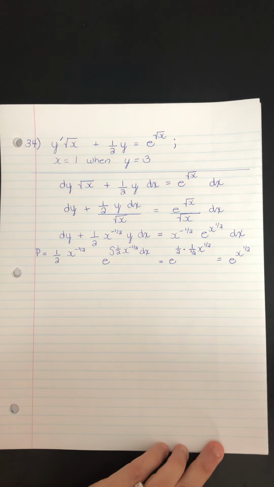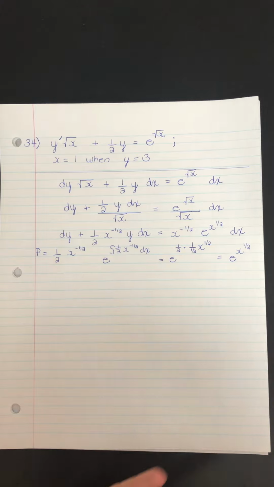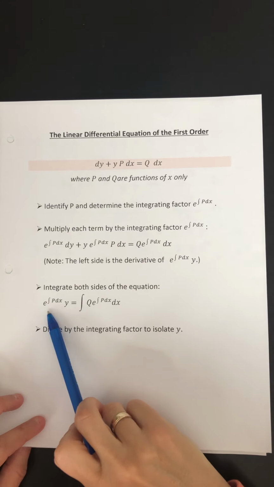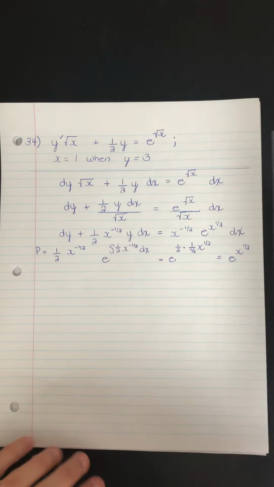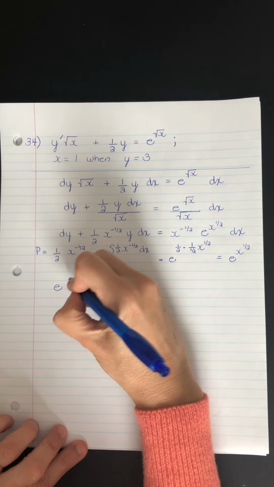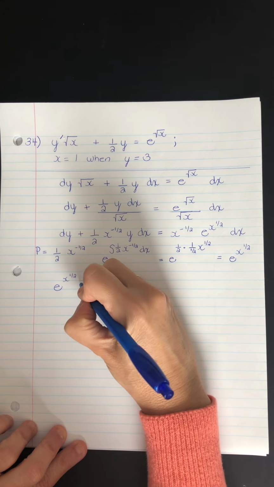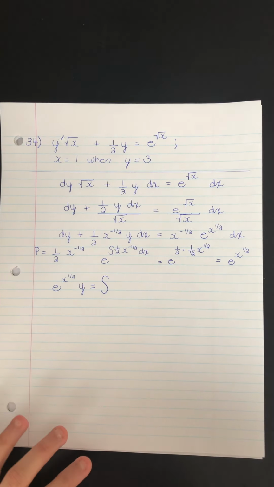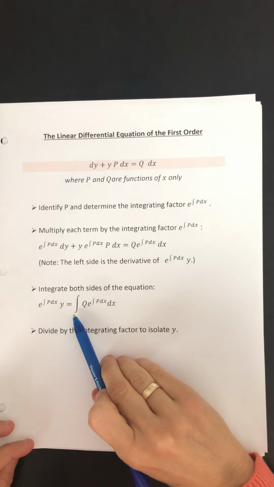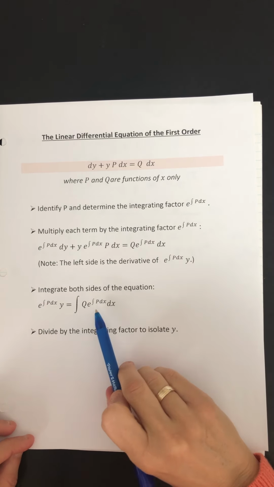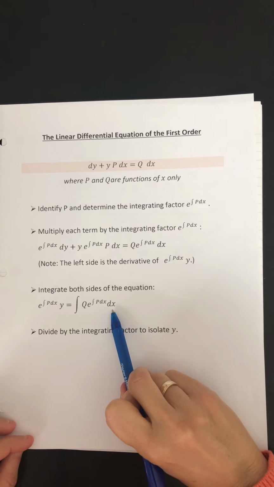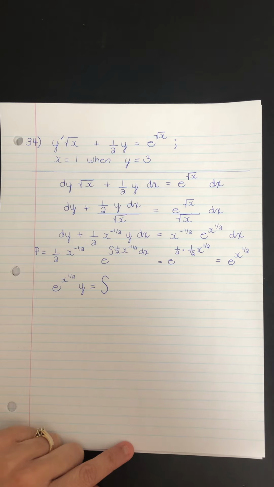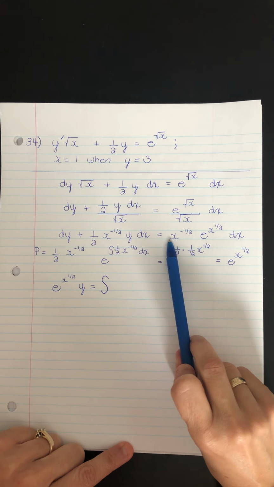All right, so now that we have the integrating factor determined, we are going to set up this equation. Integrating factor times y equals, on the right side, begin with the integral sign, then write q times the integrating factor dx. Now, remember, q was all of this stuff here.